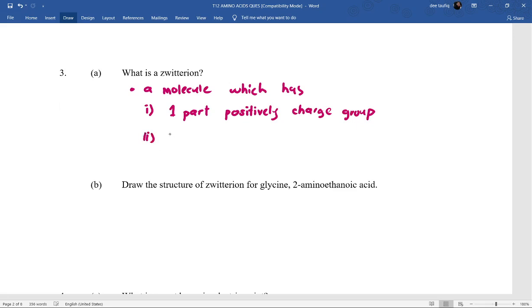Number 2, one part negatively charged group.